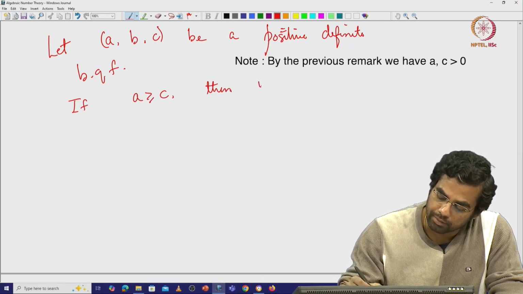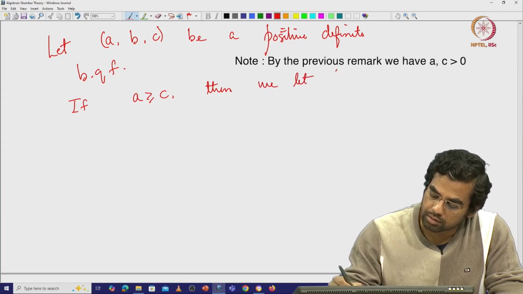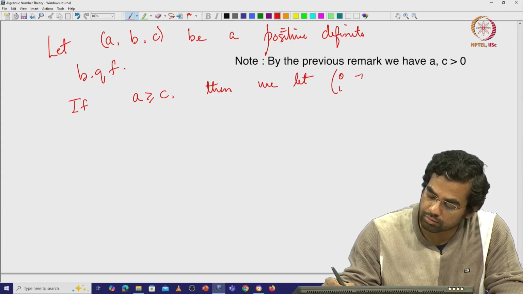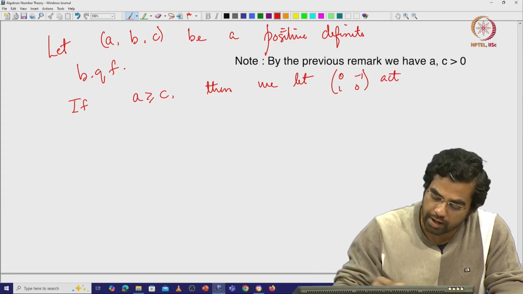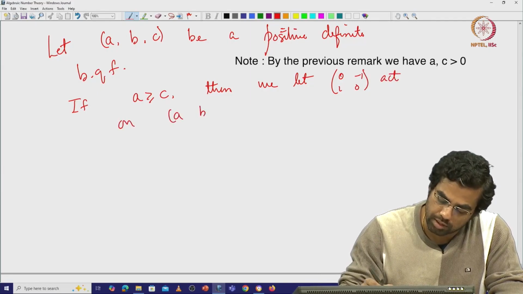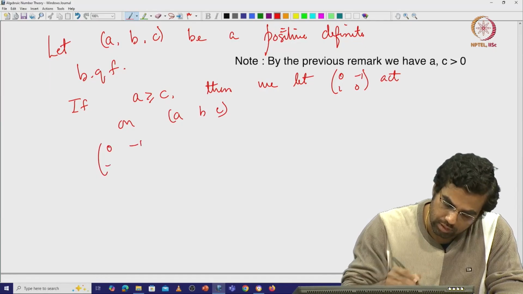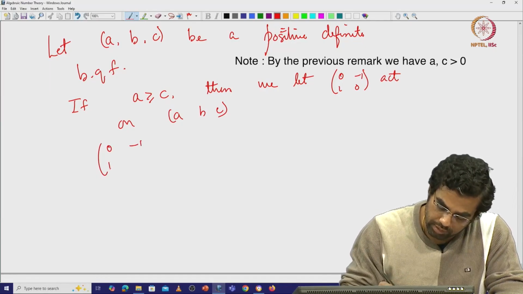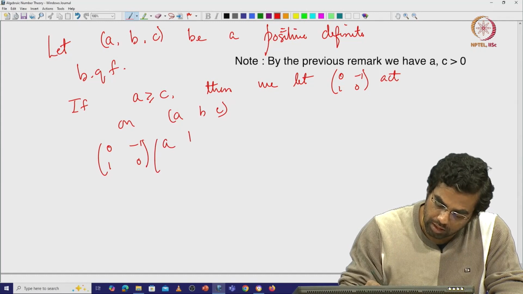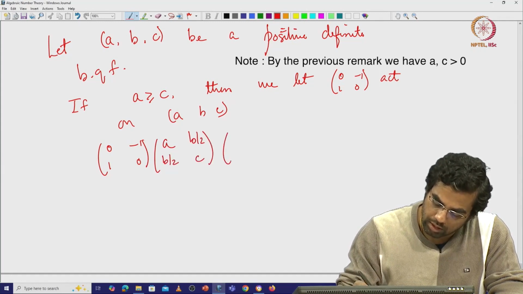So, then we let (0 minus 1; 1 0) act on (A, B, C). So, what do we get? Let us do this slowly. So, this is (0 minus 1; 1 0), (A, B/2; B/2, C), and then (0 1; minus 1 0), that is the transpose.